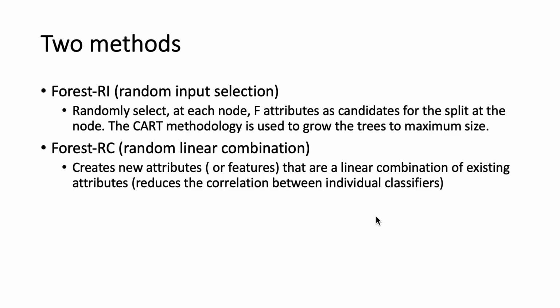The CART method is used to grow trees to maximum size. There's another one called Forest-RC, meaning random linear combination. It creates new attributes that are a linear combination of the existing features, so it reduces the correlation between the individual classifiers.